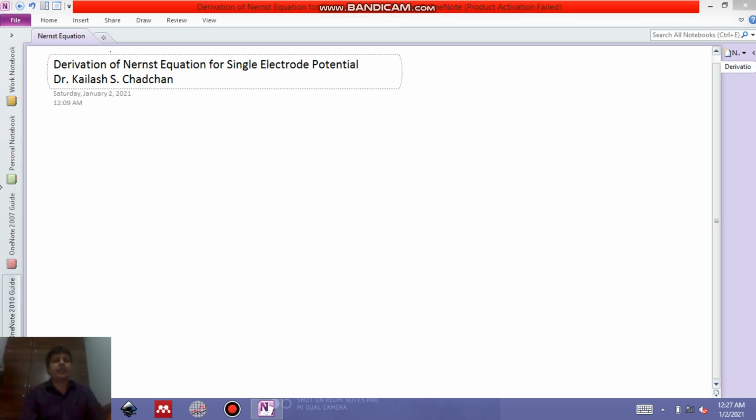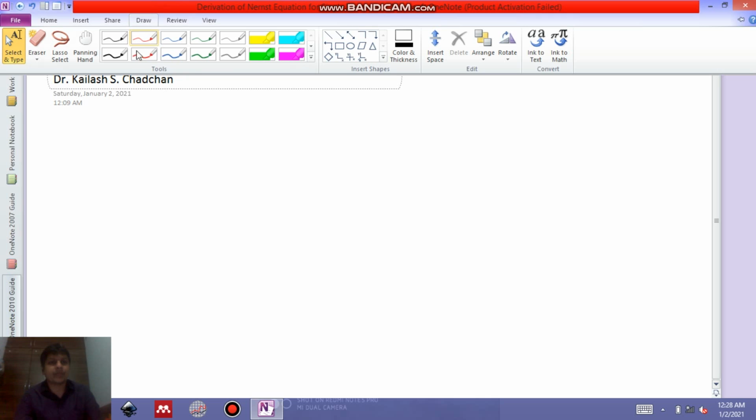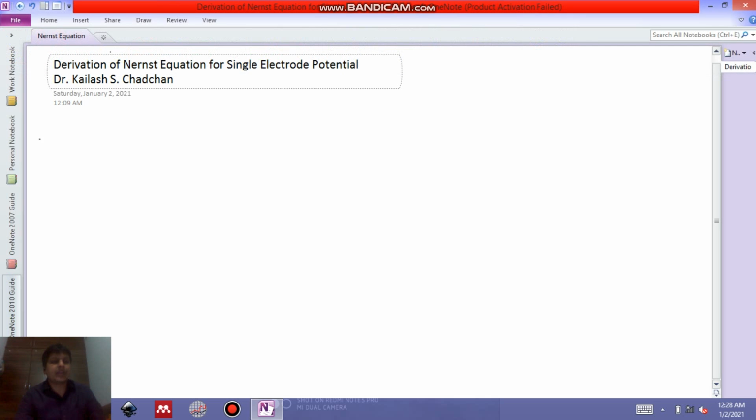So the Nernst equation gives the relation between the electrode potential value and the concentration of metal ions surrounding that electrode surface. Assume that a metal, or for instance an electrode, is in contact with its ions.